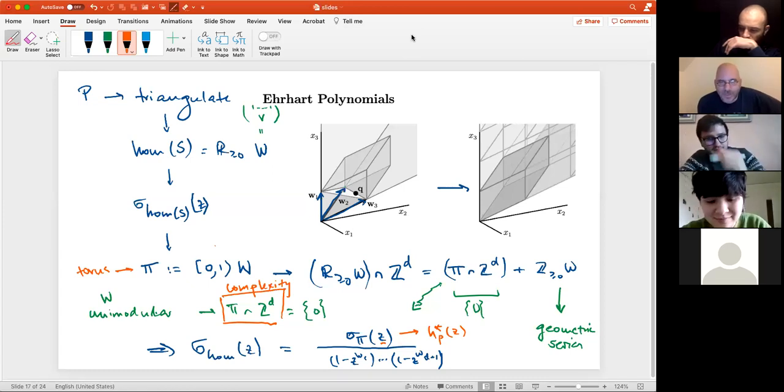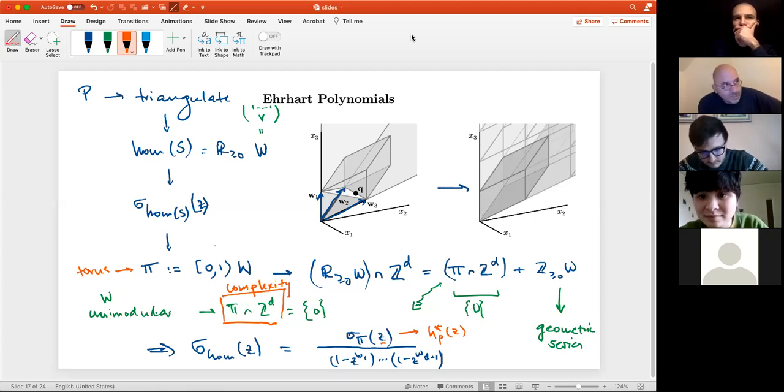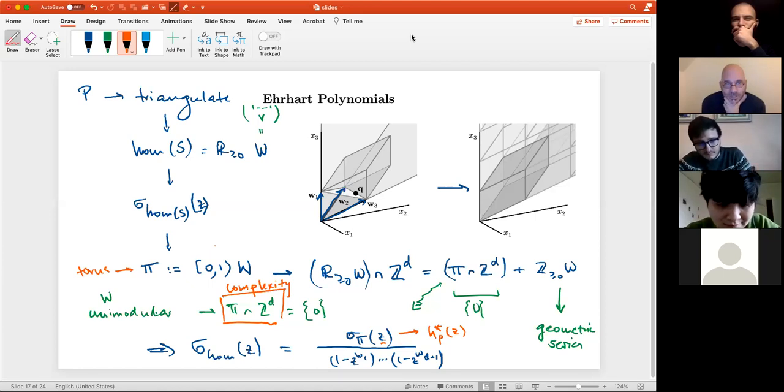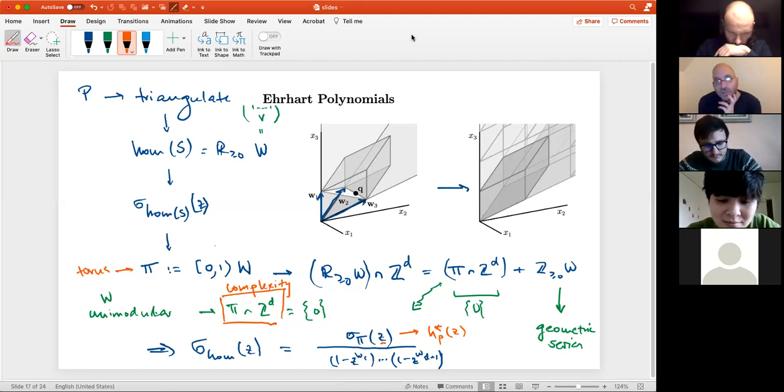A general unimodular simplex by definition means you're standing at one vertex and you see the edge directions towards the other d vertices, and I want these to form a Z-basis of Z^d. And as you know, any Z-basis can be unimodularly transformed to the standard basis. That's exactly the map that you're talking about.